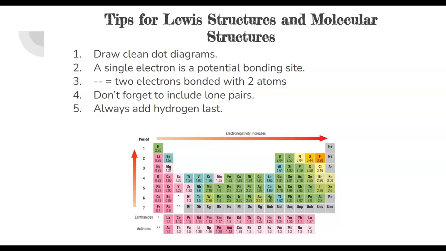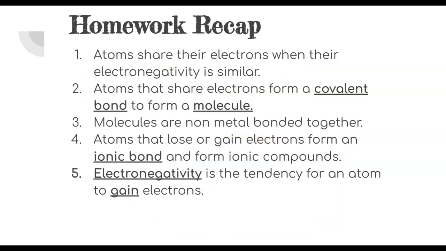So what I would do is, if you haven't done it on your periodic table already, make sure to show a line that shows how electronegativity increases as you go across the periodic table, and it increases as you go up. As you go across, remember, you're getting more and more protons. As you go up the periodic table, you have less and less shells, okay? So those are key things.